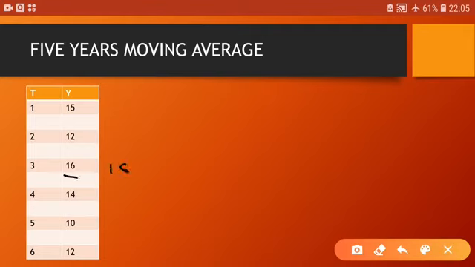So I have taken 16 plus 2 up, so 15 plus 12. So it is 16 plus 15 plus 12, and 2 down, 14 plus 10. So this 5 years total is 16 plus 15 plus 12 plus 14 plus 10.